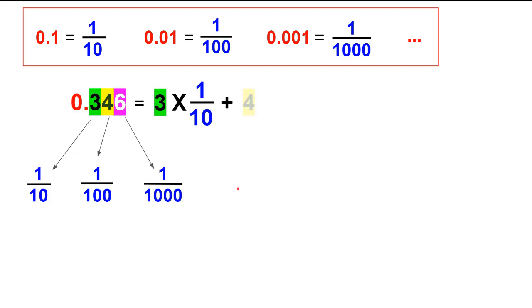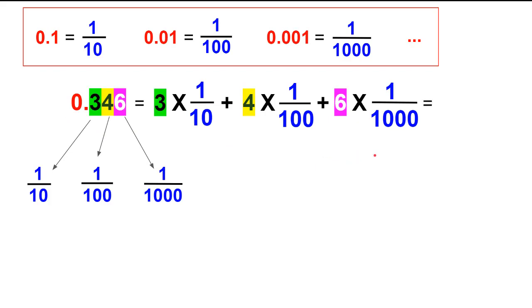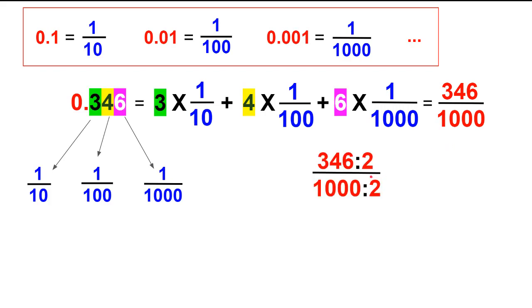So it's 3 times 1 over 10, and 4 times 1 over 100, and 6 times 1 over 1,000. Or we can also say 346 over 1,000 immediately. This is what we'll get. And again, this is not the simplified version of it.